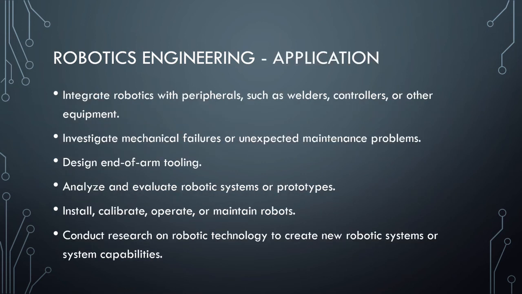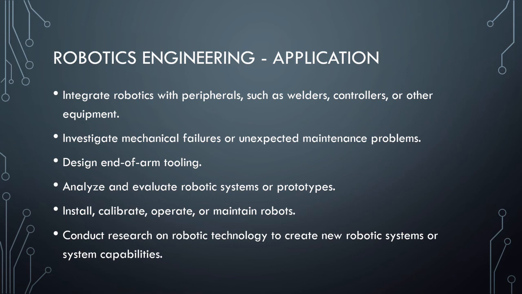This is a short list of tasks that you might be involved in or help with if you get into robotics. A robotics engineer or even a technician could be involved with integrating robots with different components like welders and controllers, putting those pieces all together.